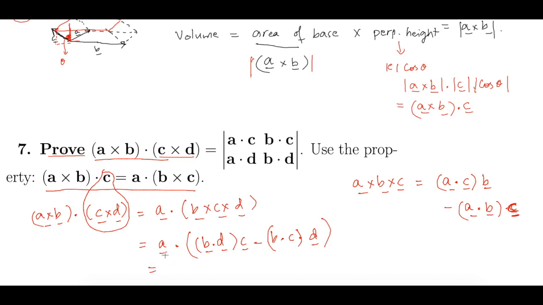Now this is a dot product, and this is a scalar here, and you can distribute the dot product. So you can say A dot C times B dot D minus A dot D times B dot C. Okay, so then this is equal to the right hand side, this is equal to this guy here.